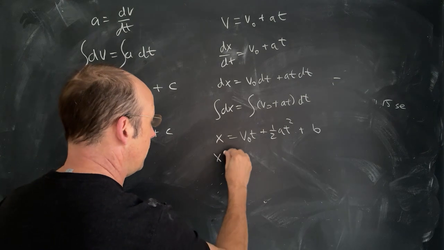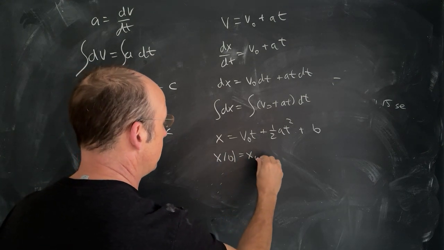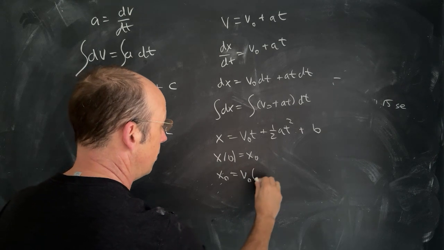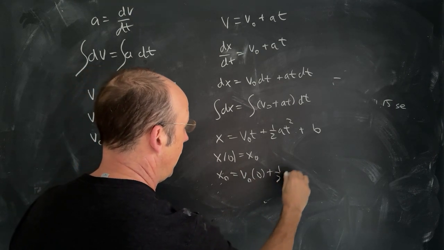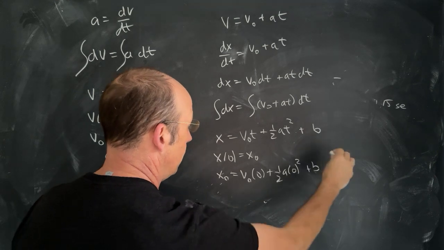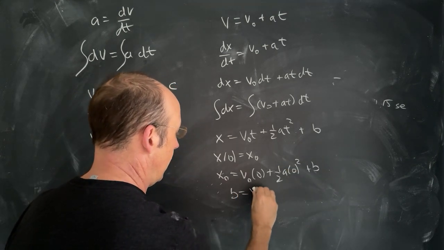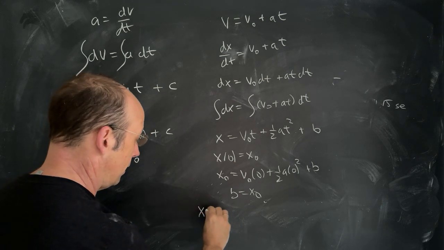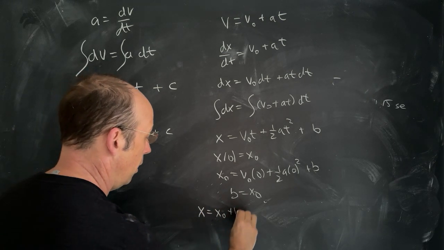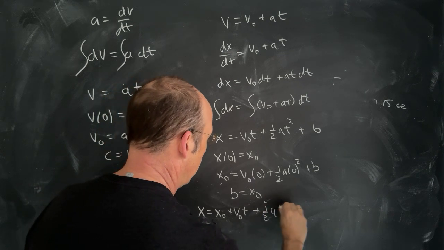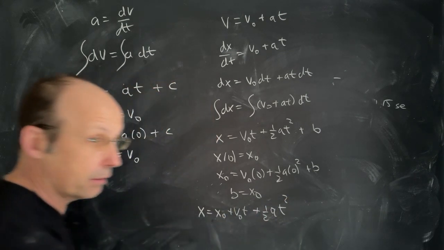If x at time t equals 0 is x0, then x0 equals v0 times 0 plus 1/2 a times 0 squared plus b, so b is equal to x0. Putting that in, I get x equals x0 plus v0t plus 1/2 a t squared.